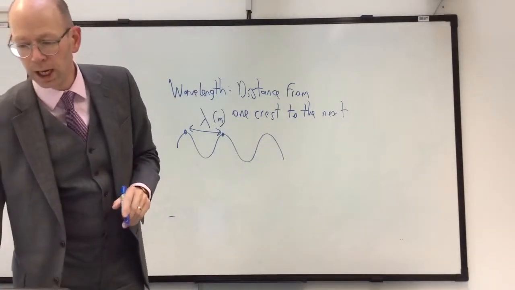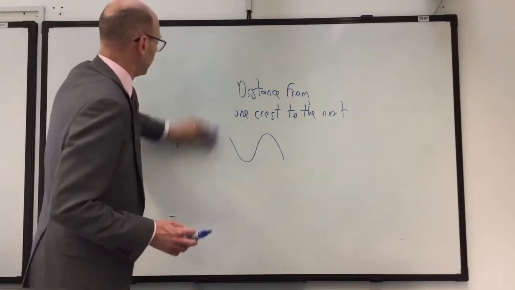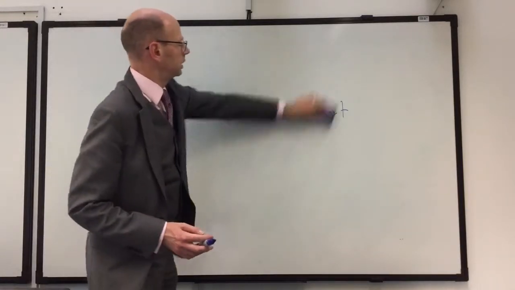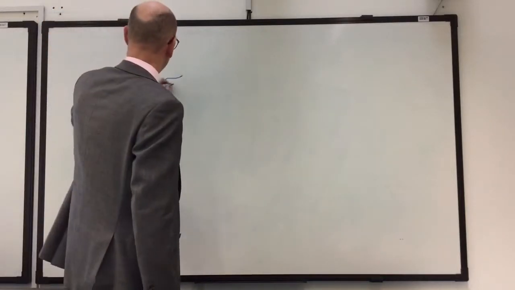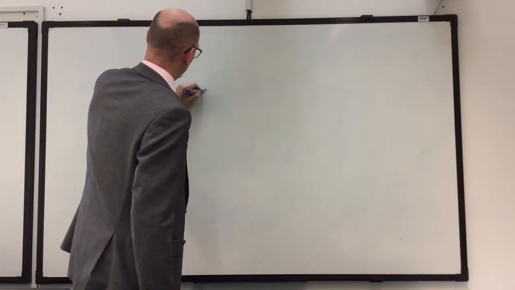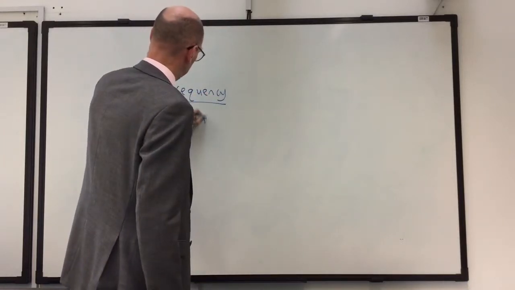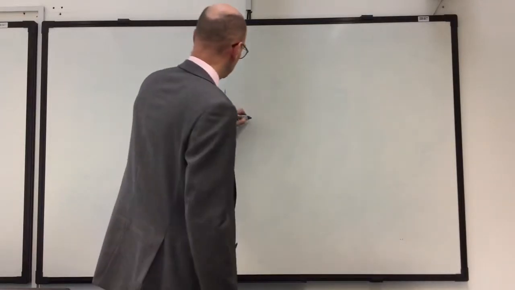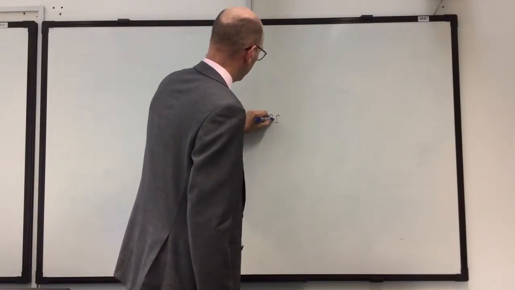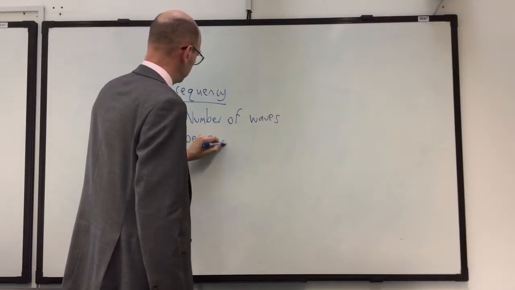Linked to time period, we have frequency. The frequency, as the name suggests, is to do with how many waves we get per second. So the frequency of a wave is the number of waves or oscillations passing a given point in 1 second.